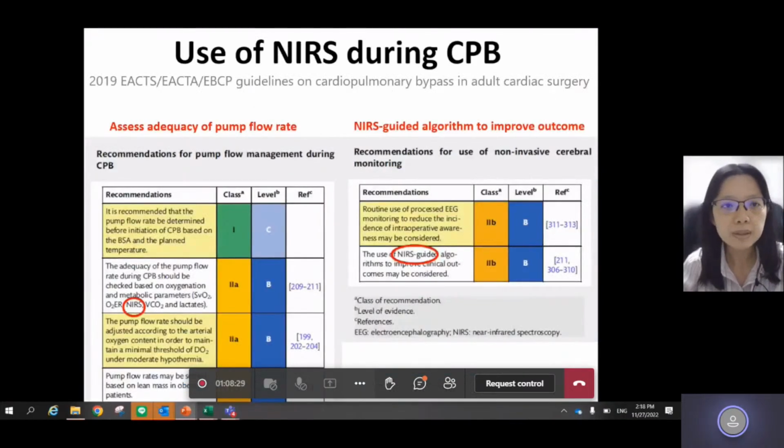Therefore, we can see in the cardiopulmonary bypass guidelines, assessing the adequacy of pump flow rate is a class 2A recommendation to use NIRS for guidance. And NIRS-guided algorithm to improve cardiac surgical outcome is a 2B recommendation in the 2019 guidelines of cardiopulmonary bypass.